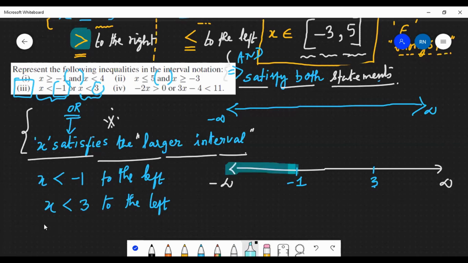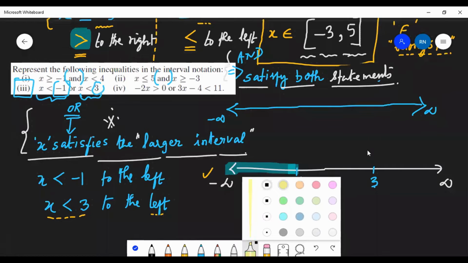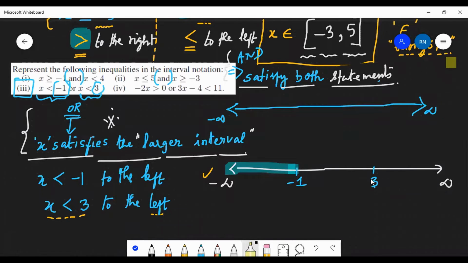There is another statement which says start from 3 and go to the left. So where is the end on the left? The end will be minus infinity. No other end. So I am now going to start from 3 and keep going on the left, no end until minus infinity. What is the interval I am getting? Where is the beginning for both? Please don't get confused.